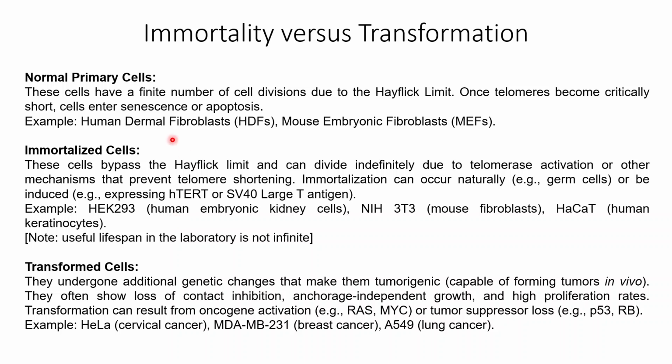Now, coming back to this, suppose you have normal primary cells, they will have a very limited number of passages that they can undergo. Immortalized cells, typically a much higher number of passages can be reached. So as I was saying, HEK293T in our lab, we don't go beyond passage number 21 or 22 because after that they accumulate a lot of errors.